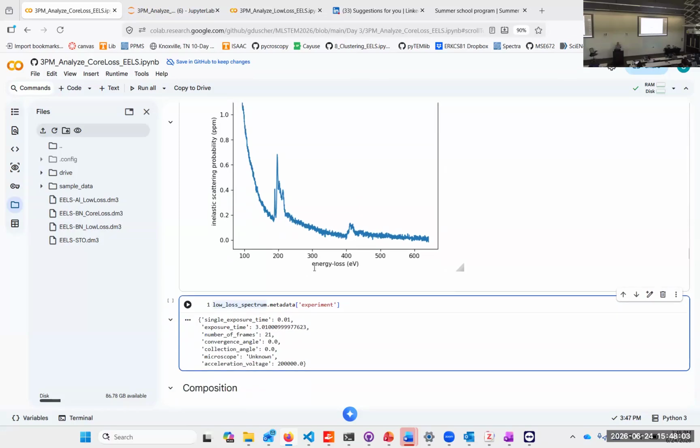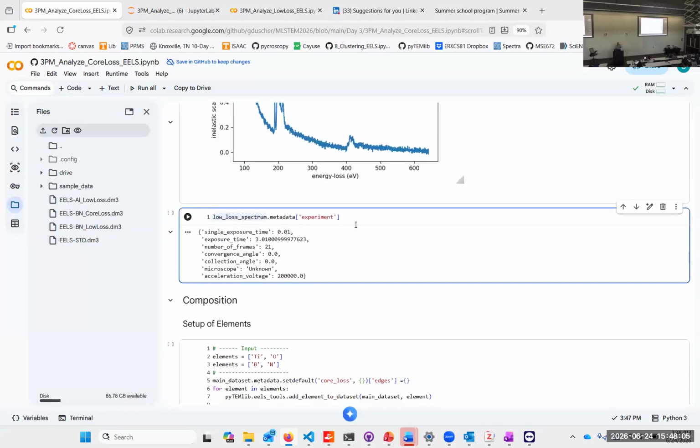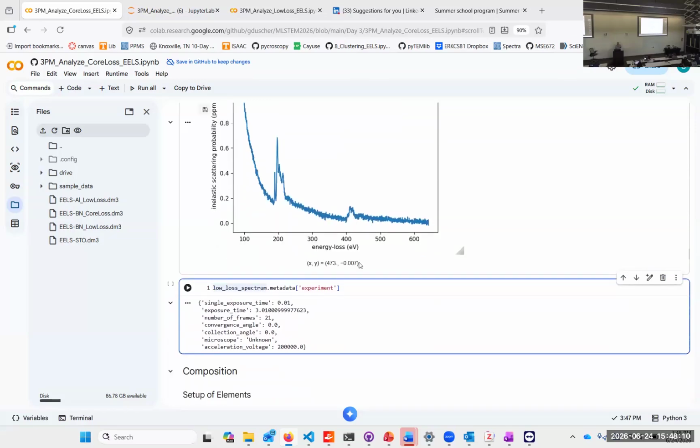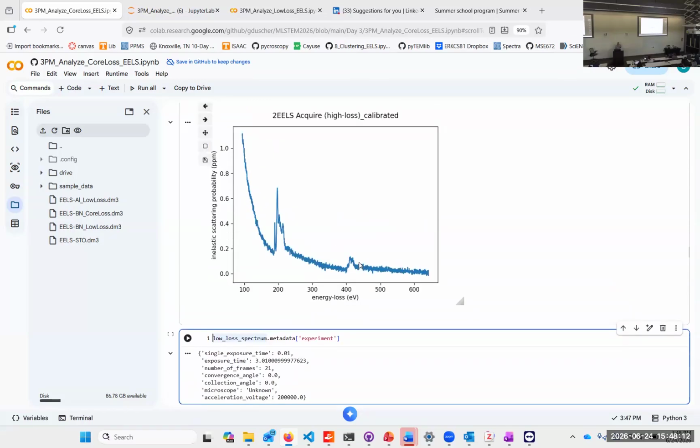It's a little bit tricky with Gatan how to get to that, but that is resolved in the software. So we get our intensity probability now in parts per million. You see the maximum here is 1 part per million. So every millionth electron that hits the sample gets to this position here, and less than that even here.